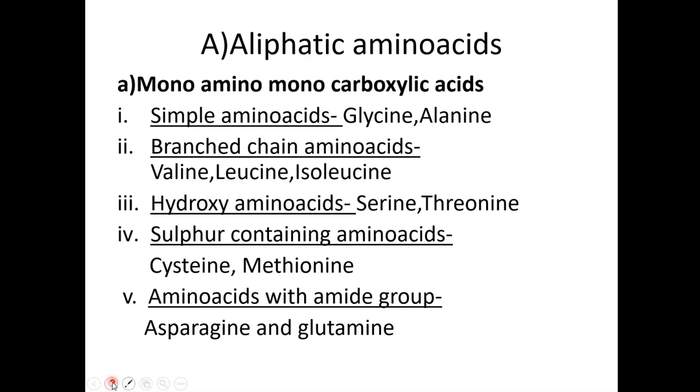Hydroxy amino acid, serine and threonine. Sulfur containing amino acid, cysteine and methionine. And final group, amino acid with amide group, asparagine and glutamine. Okay, that's about our aliphatic amino acids and the subgroup monoamino monocarboxylic acid.